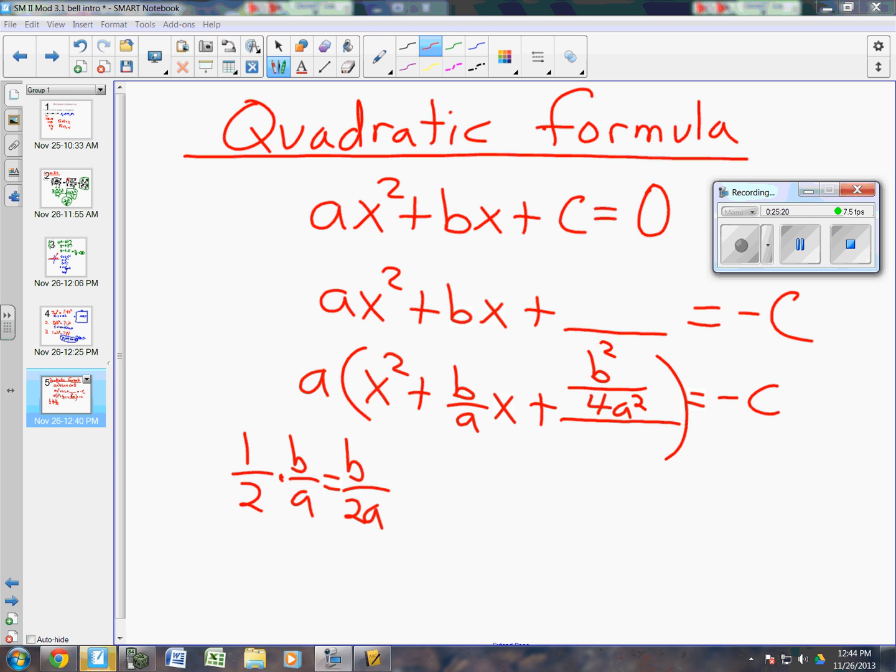Whatever I put on this side, I put on that side. Now, I got to find out what I put on that side. Well, it looks like I put a b squared over 4a squared on the left side, so to keep the balance scale balanced, I have to do it to the other side, right?